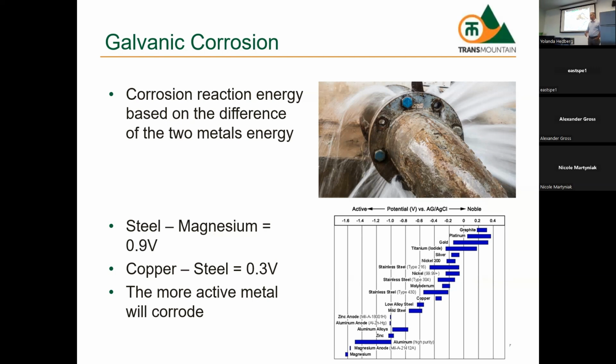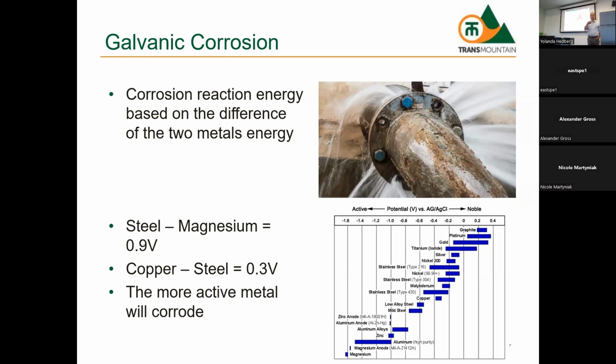Why? Because when you subtract magnesium, which sits at about negative 1.75 to copper sulfate, from a steel that you're trying to protect to the CP criterion of negative 850, you get about 0.9 volts. That's a rather large driving voltage, which is why magnesium is used in soil. We talked already about using zinc for aluminum because aluminum is amphoteric, but that driving voltage is very small, only 100 or 200 millivolts.